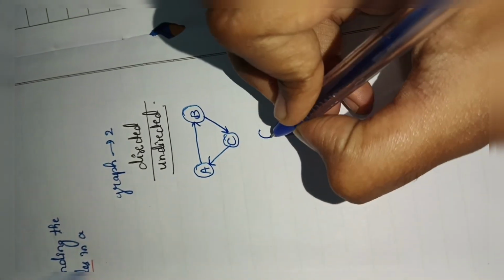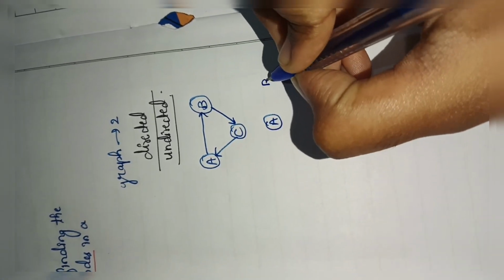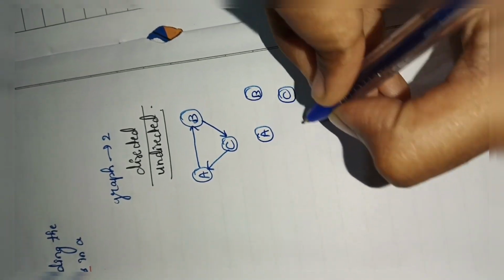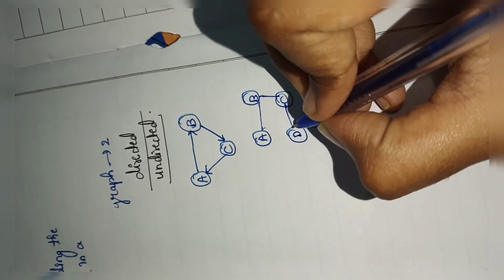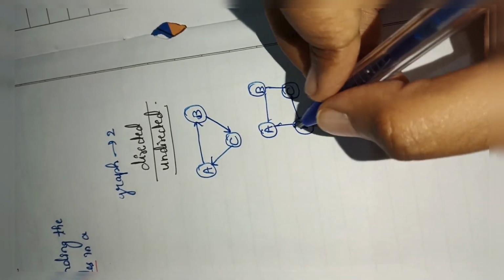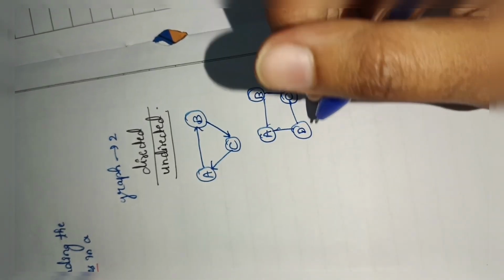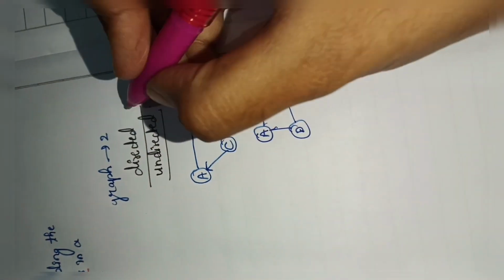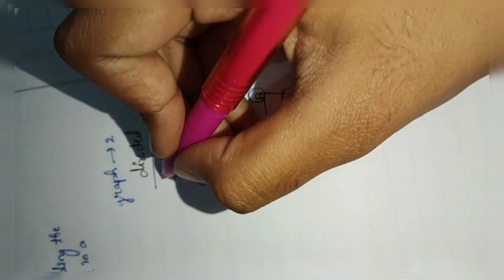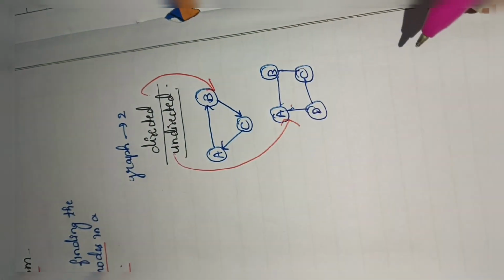For undirected, it's just A, B, C, D, with no arrow marks, so you can't tell from which node to which node the graph is directed. So this one is a directed graph, and this one is an undirected graph.